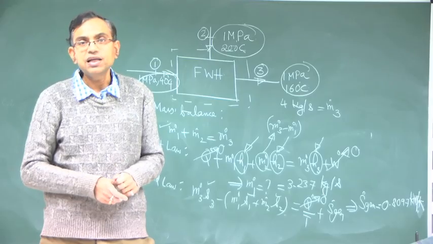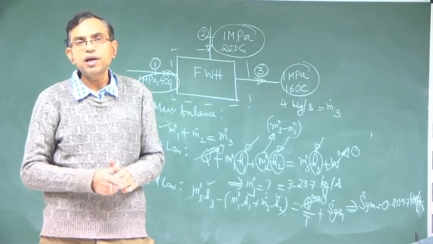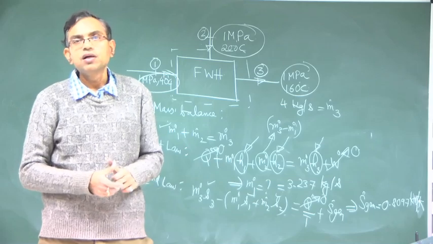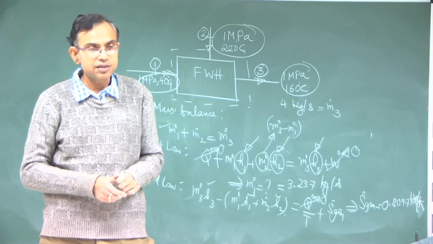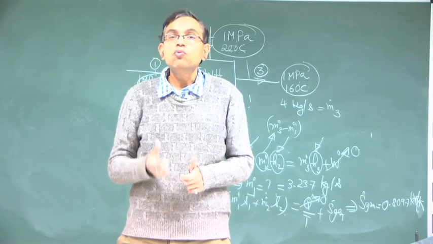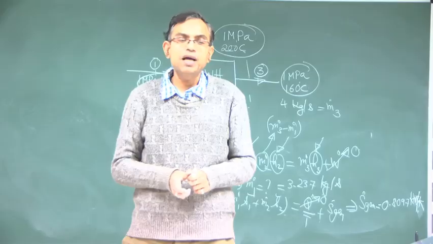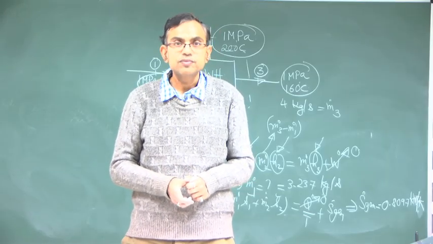The reason is that entropy transport is very important, but we also have to make sure that the problem solution satisfies mass balance and energy balance. If we calculate entropy transport without satisfying mass balance and energy balance, that remains physically unrealistic.